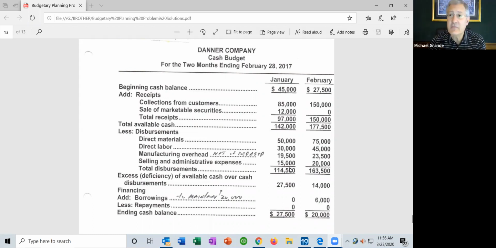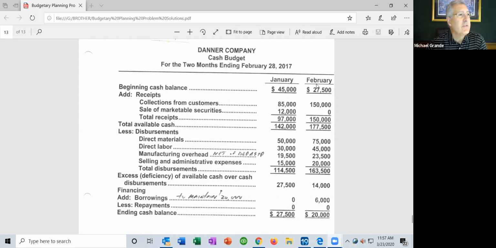Selling and administrative expenses, you can use their number because they said it was exclusive of depreciation expense. They have, as you can see here, cash available, 142,000. They disbursed $114,500. They have excess cash of $27,500. They want to have a minimum cash balance of $20,000. They don't need to borrow any money.